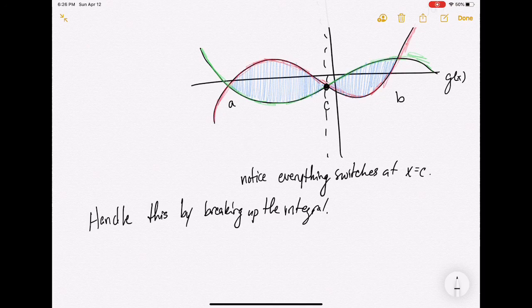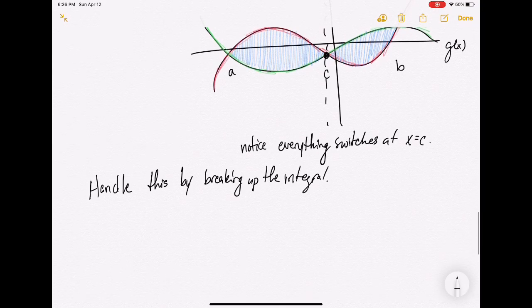And this makes sense. If it's like the absolute value function, it's like a piecewise function, and piecewise functions get switched. They get broken up certain places.